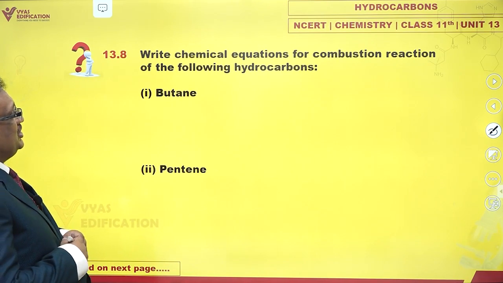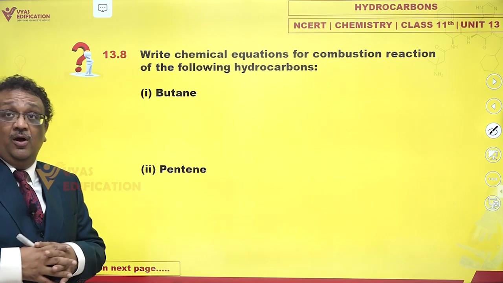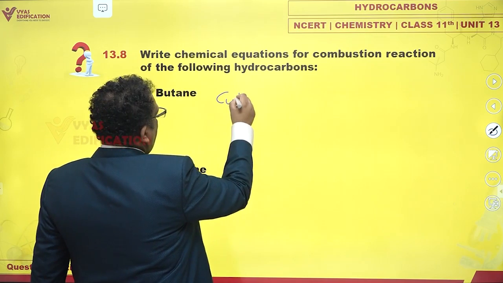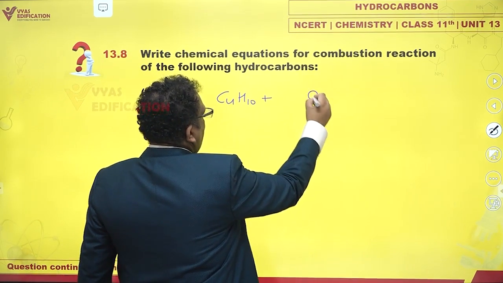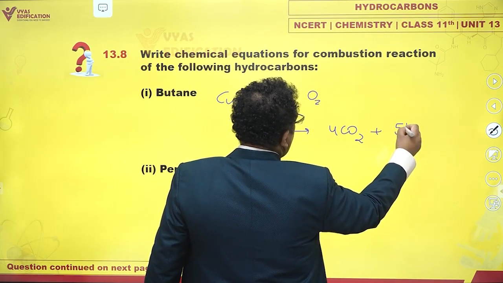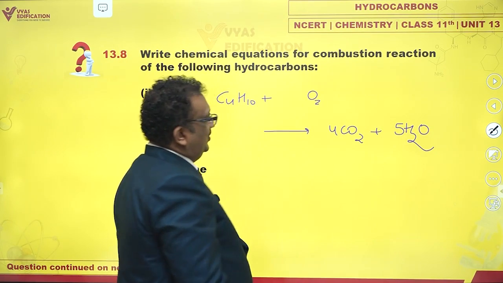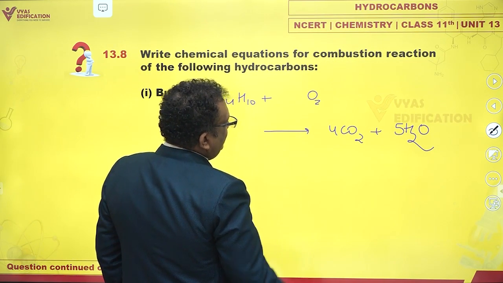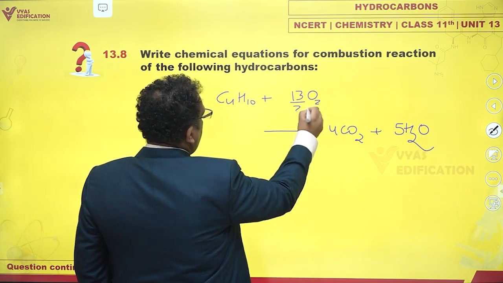Write the chemical equations for the combustion reaction of the following hydrocarbons. Butane, C4H10. All hydrocarbons burn to give CO2 and H2O. Well, 4 plus, sorry, this is 8 plus 5, 13, so this is 13 by 2 O2.